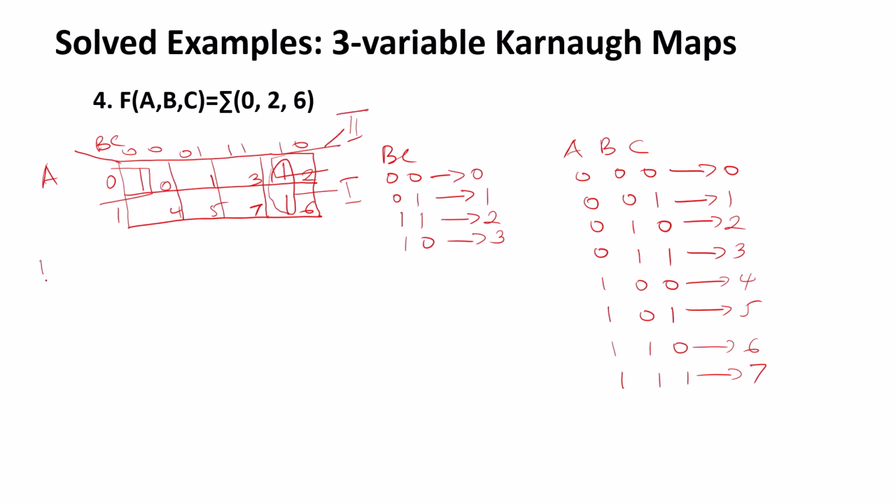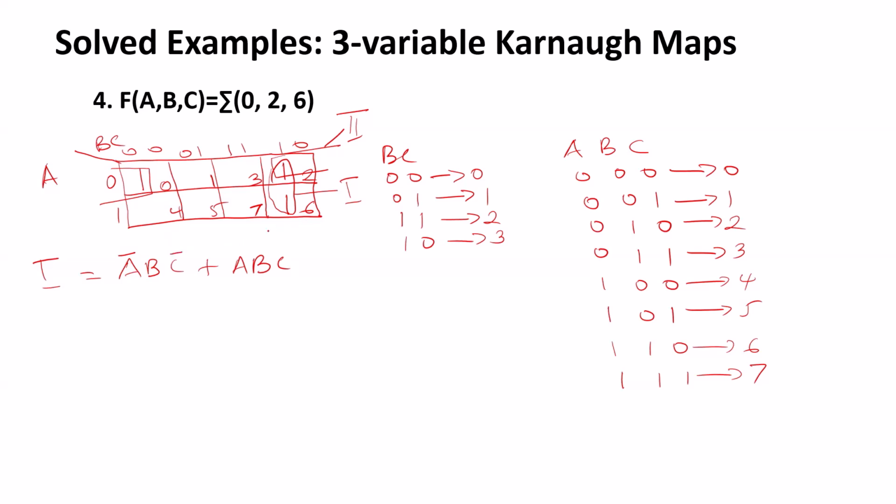So for equation 1, because we are dealing with two cells, we can write ABC twice. First, ABC. So this one is A bar. If we solve from 2 down to 6, we have A bar, then B is 1, and C is 0, which is C bar.